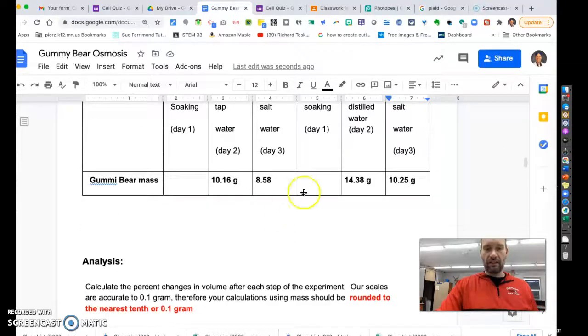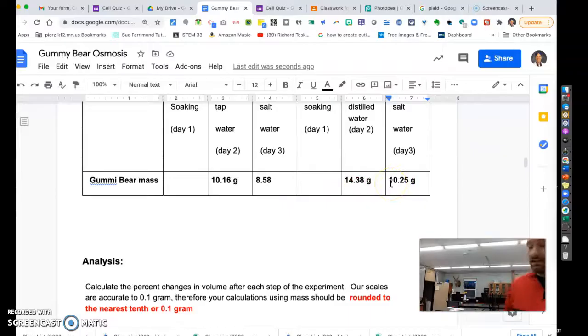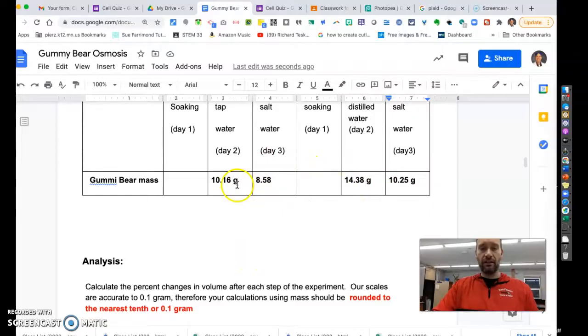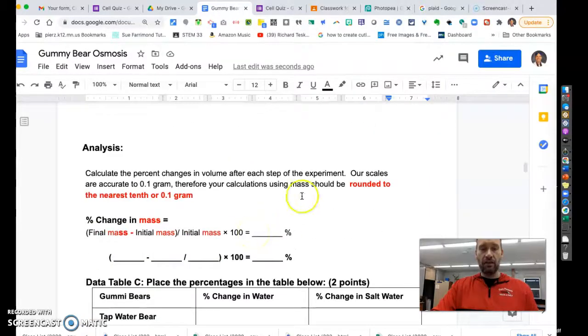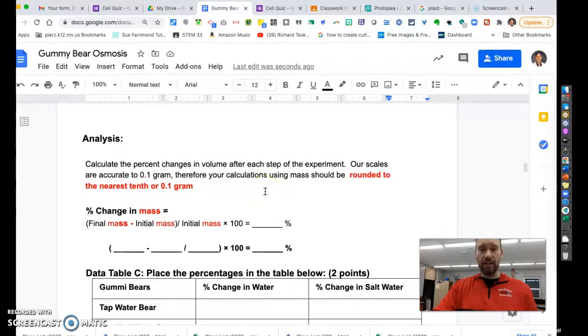Now you can definitely see there's a 2-gram difference here of the mass. All right. Now that concludes our gummy bear lab for all of the different data. Now we'll talk about how to do this, okay?